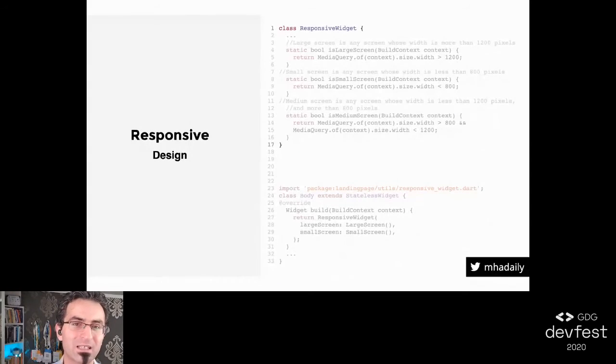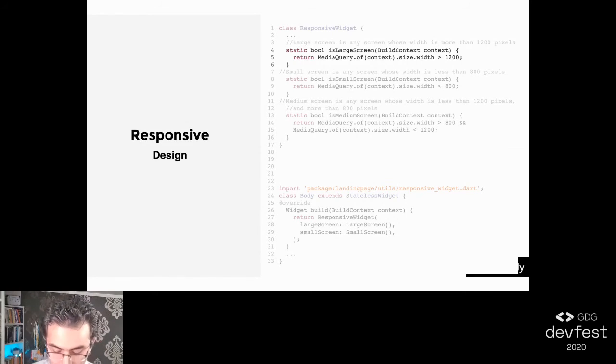For instance, let me just show you a class here. If you create a responsive widget class, you can define what type of screen you are targeting. Here is a code snippet for a larger screen. You see that I'm getting the width of the browser with the media query, and I define it in a different way here.